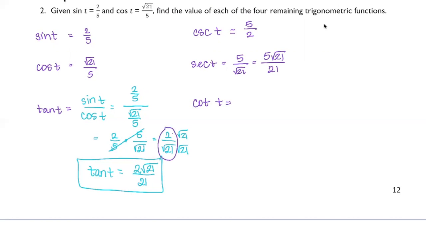If we flip there, we don't need to rationalize. So this is going to be square root of 21 over 2. So there's our 6 trig functions. So we used quotient identities to figure out tangent based on what we were given. And then we used reciprocal identities to figure out the other 3.